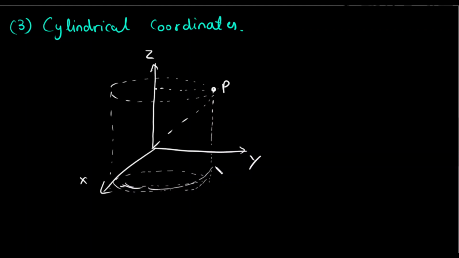The cross section area is going to be like this. So I'm going to draw the radius of this cylinder. So now this is the radius. We can say that this is rho.